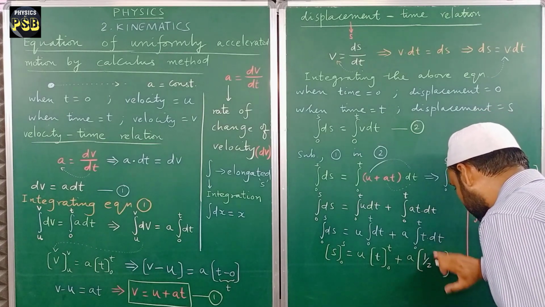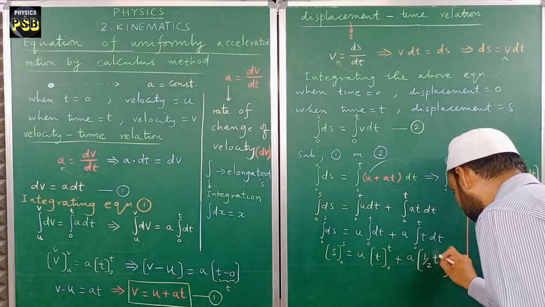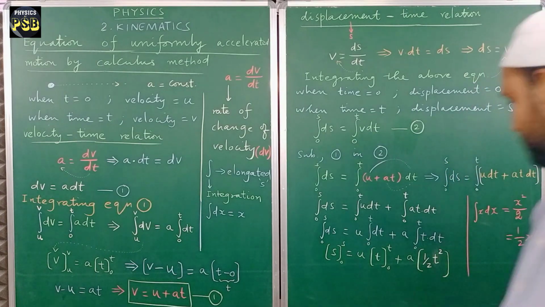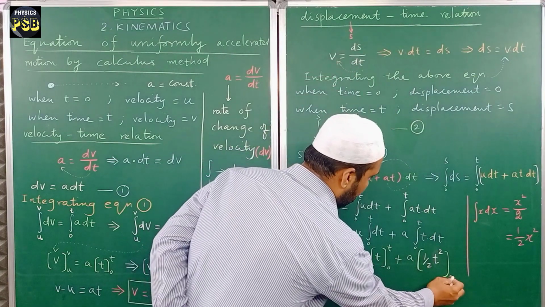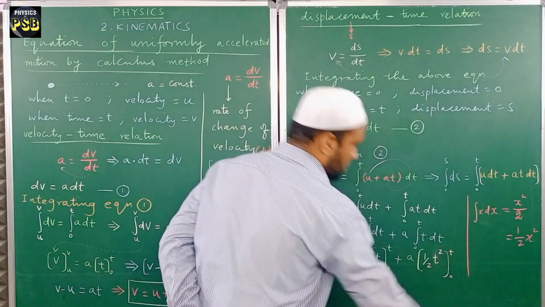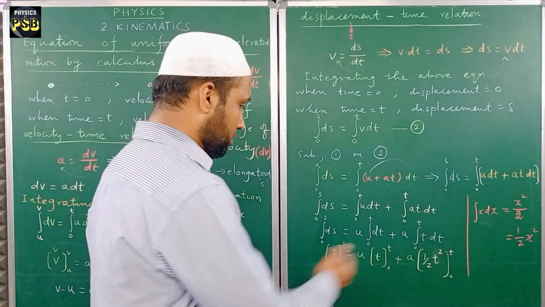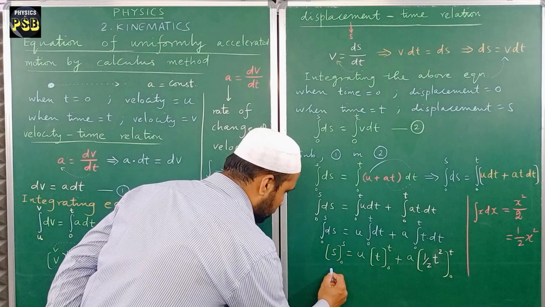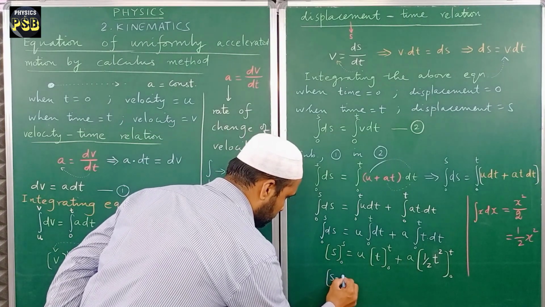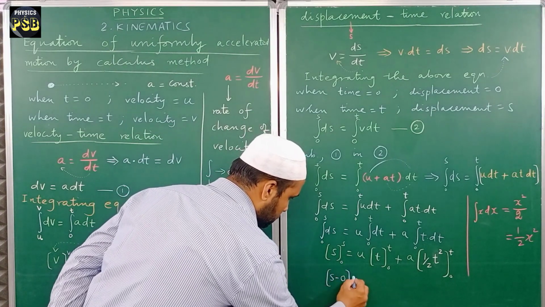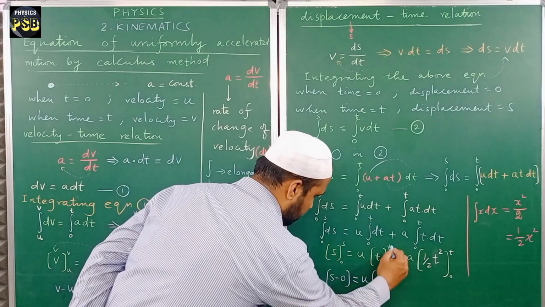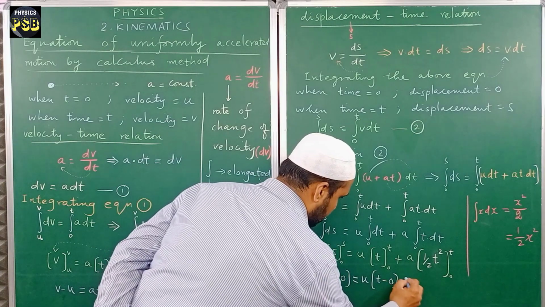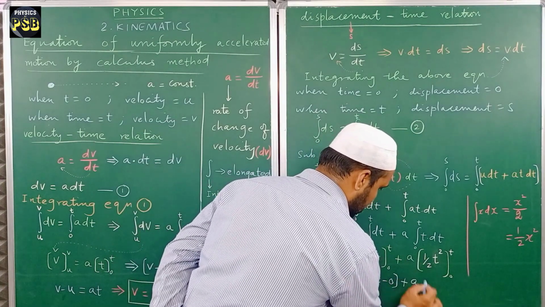Here we have t. Half t square. Got it? That is what we get. Then we have the lower and upper limit. Right? Now I'm going to substitute the upper and lower values. This upper value minus lower limit 0. Here the same, upper limit t minus lower limit 0, plus here a.